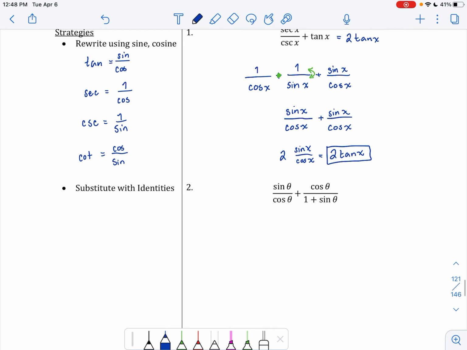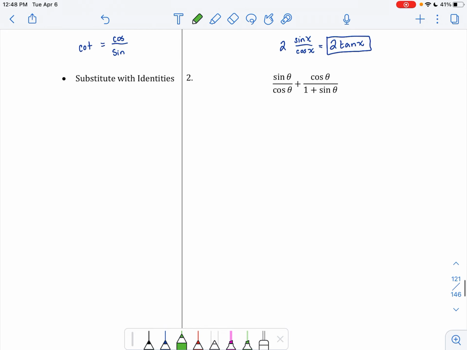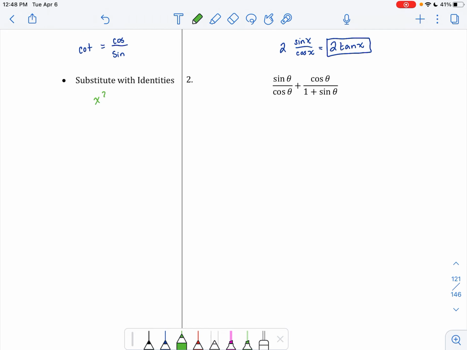Another way is to use the identities. And if you recall from the unit circle, which said that x squared plus y squared equals 1, well, the x and the y are cosine and sine, so we also can say that cosine squared of t plus sine squared of t, they have to be the same value, they have to be the same variable, is equal to 1.